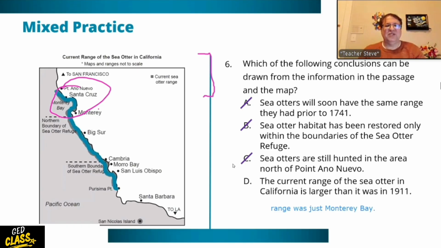And you notice the only way we know that for sure, I mean, if we just eliminate our way down to D, just pick D. But in the event that we're checking to verify D, you needed the text in order to fully answer this question. There's no way to do it without looking at the text to understand that, oh, that's right, it was just Monterey in 1911.